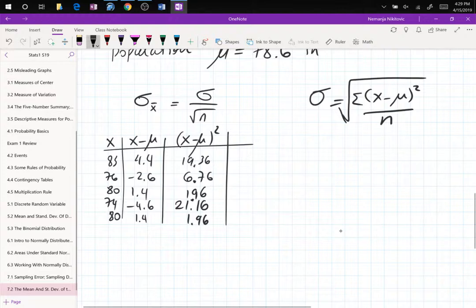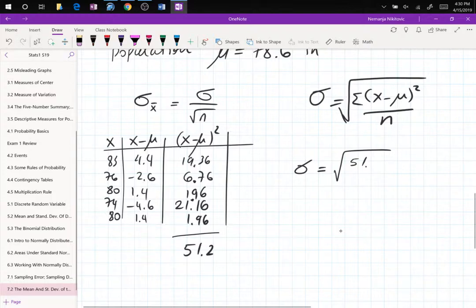So now we have to add all of these values. I hope you get 51.2. Do you? Anyone? Thank you.